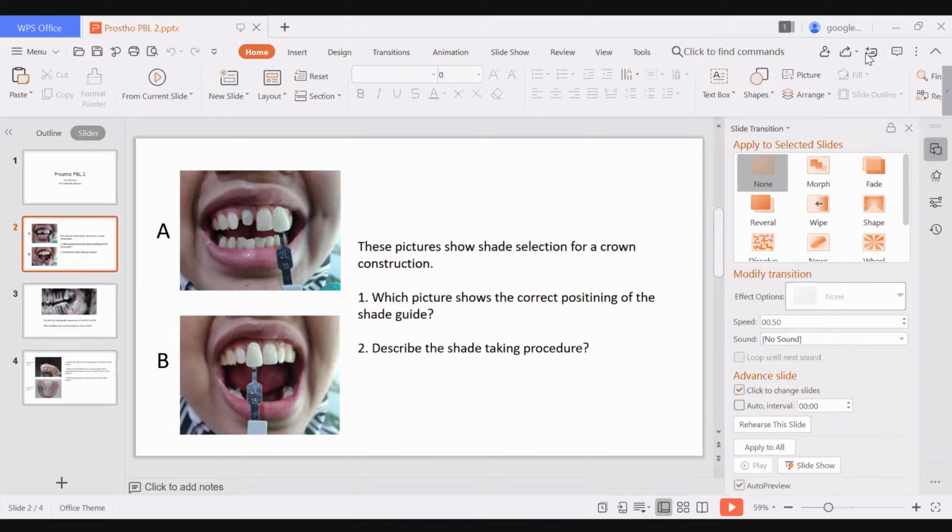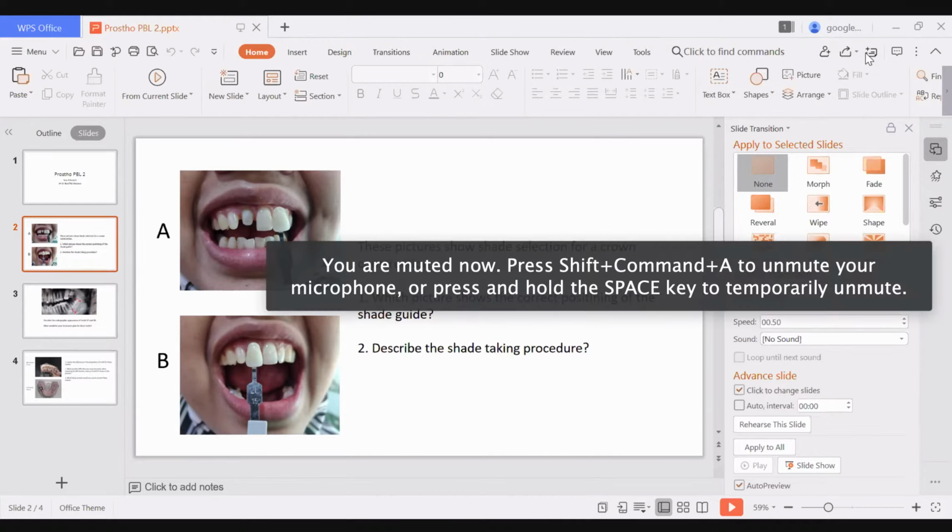Then make sure that we take the shade selection based on 3 areas: the gingival area, the body of the tooth, and then the incisal area of the tooth. That's all.